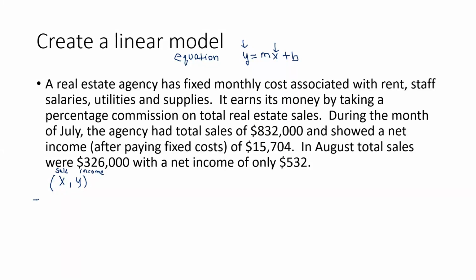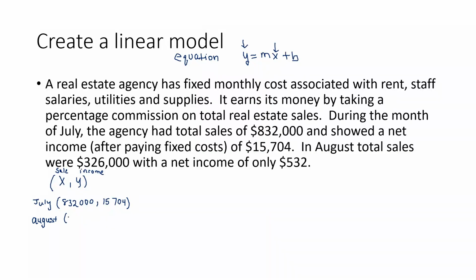So for July, I see my ordered pair as $832,000, which is the amount of sales, and I'm pairing that with an income of $15,704. And then in August, I want to make a similar pair.